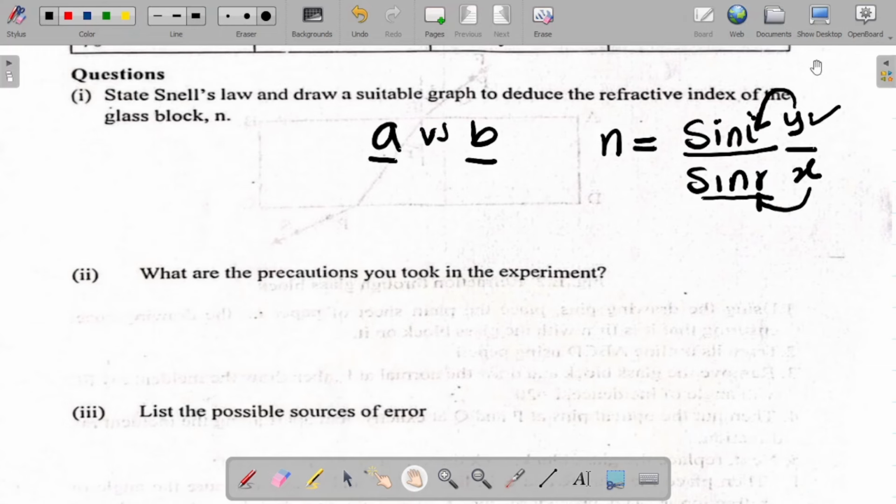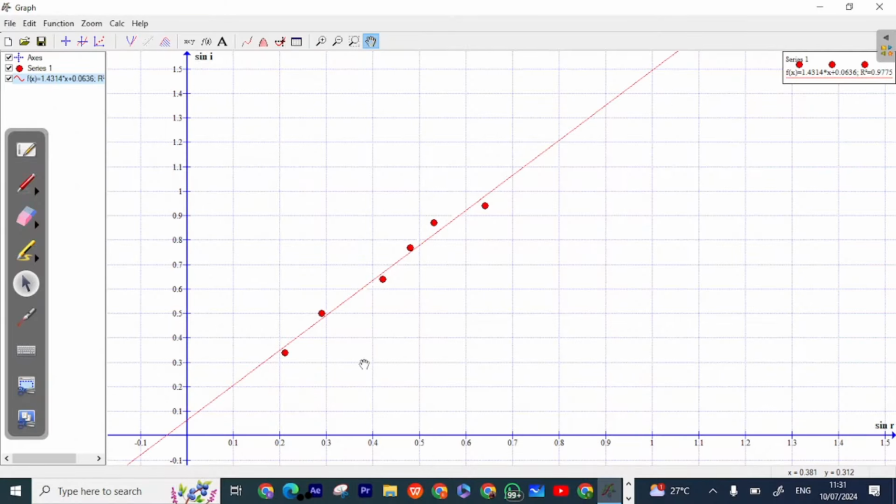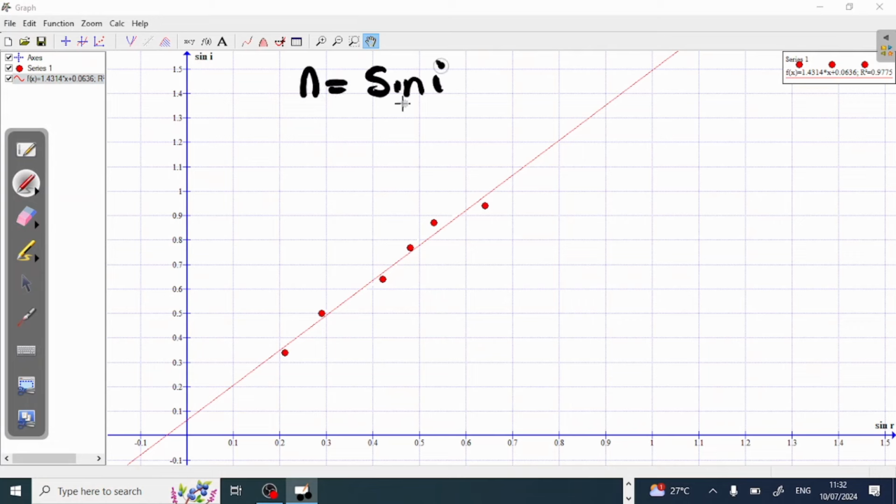So how do we do that? Now, to get your refractive index of the glass block, don't forget that from Snell's law, we said N is equal to sine I all over sine R. And in this concept, we can get sine I over sine R by taking the slope of this graph. Okay.